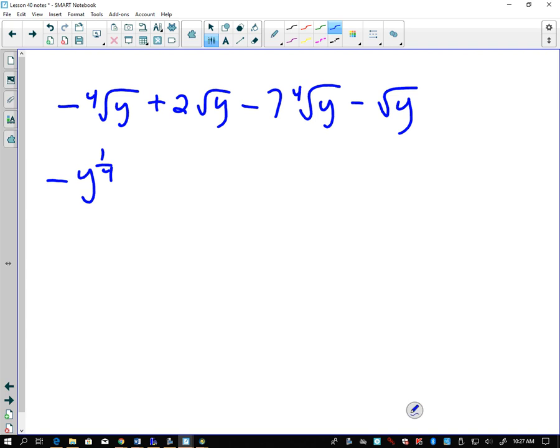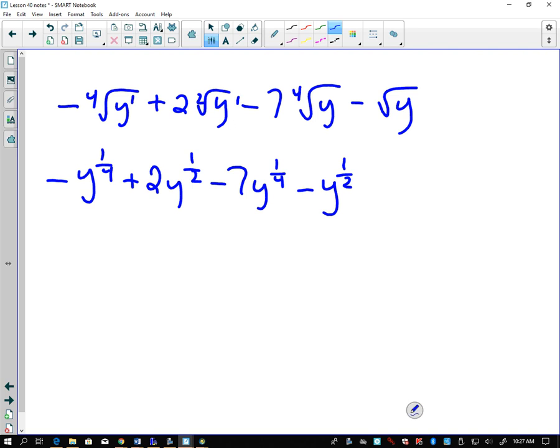Do we understand how I did that? Got y to the 1, negative y to the 1/4. Does anybody not understand? Because this has a 1 exponent. 1 divided by 4 is 1/4. Plus 2 y to the 1/2, right? Because there's a 1 there and a 2 there. Minus 7 y to the what? 1/4 minus y to the 1/2.